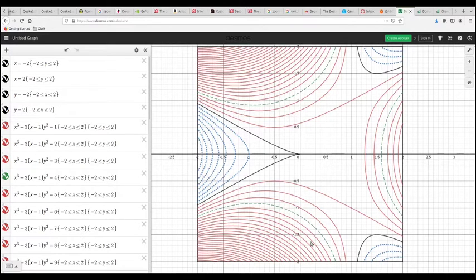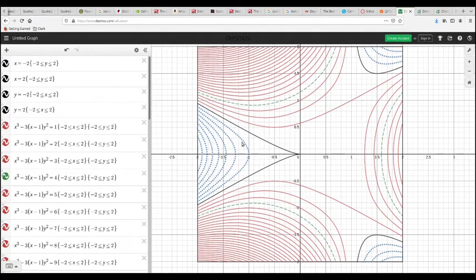So here you can see all of the level curves of this function, and I'll go through right now and explain the mean value theorem in its application here. So this solid black line right here, as well as this solid line right here, and this solid line right here correspond to the function being equal to 0.